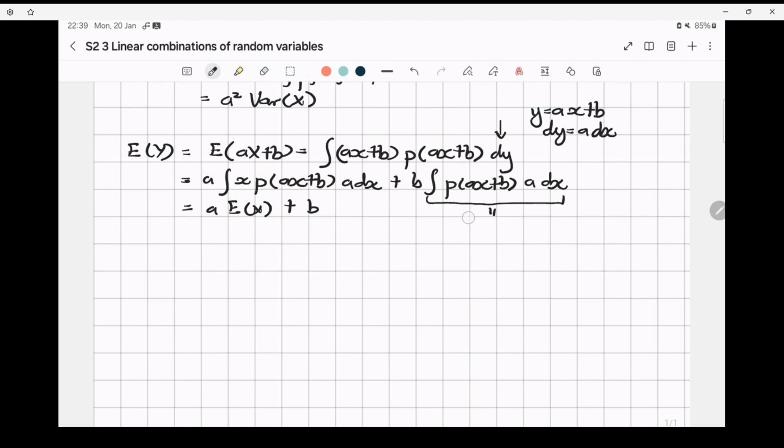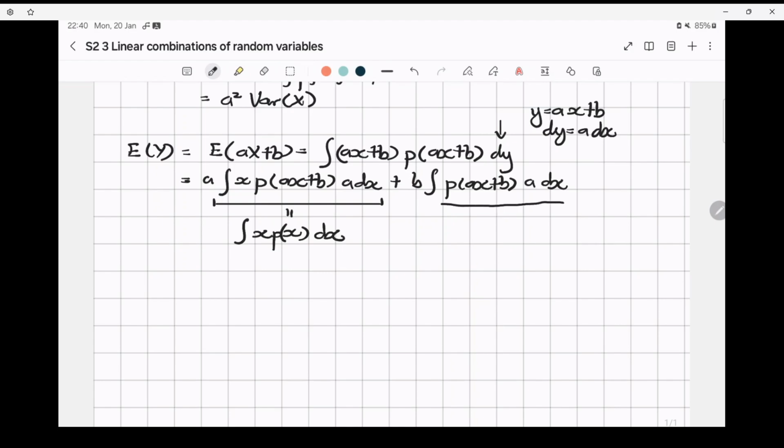Okay, let me write down what it is, because you undergo some transformation. So this whole thing is equals to integrating x px dx. It's just that because of the integration by substitution, you have this form.